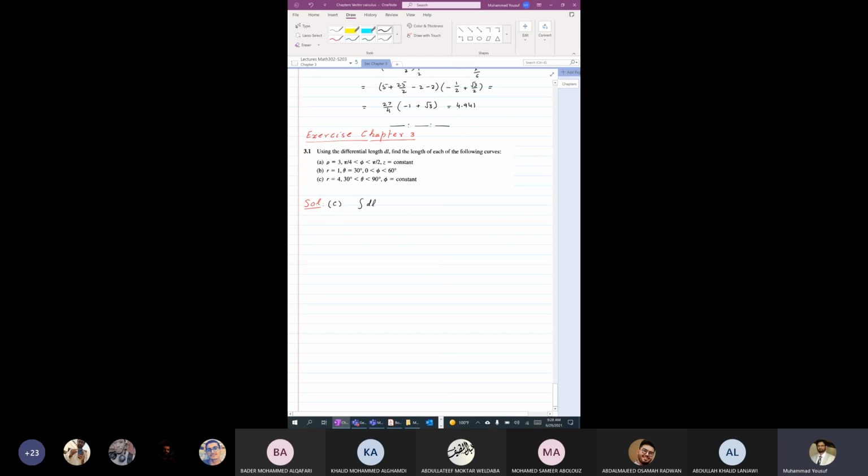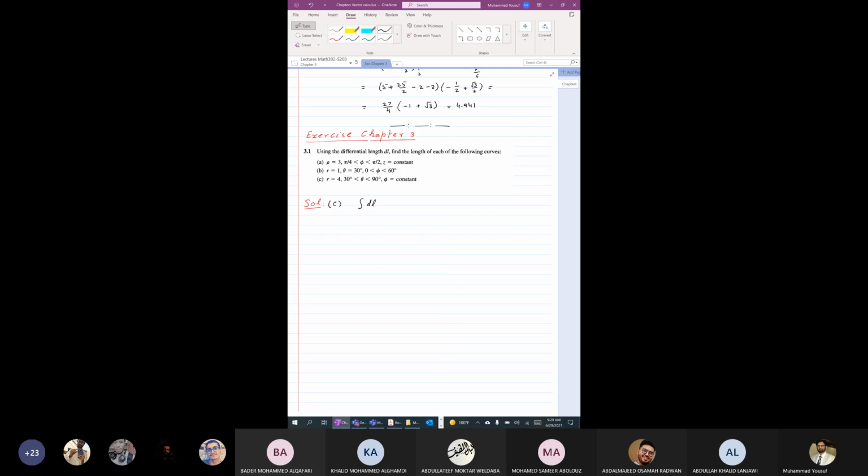Of course, r equal to 4 is also a constant, and phi is also constant. Only one thing is changing, and that is what? Theta. And what is the coordinate system for part C? It is spherical. Part B, spherical. Part A, cylindrical.